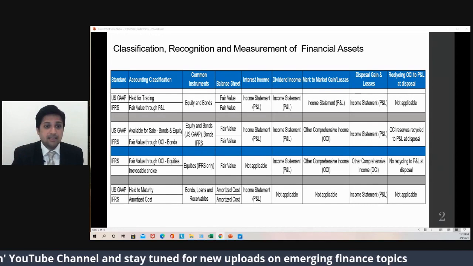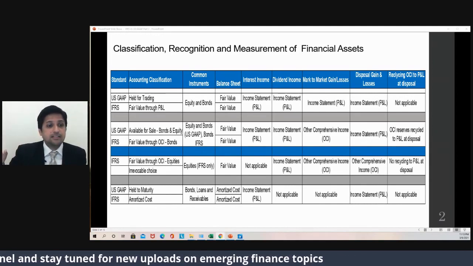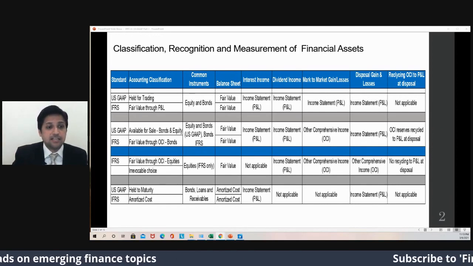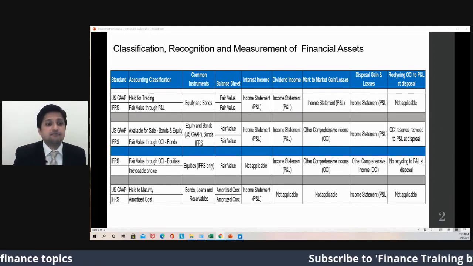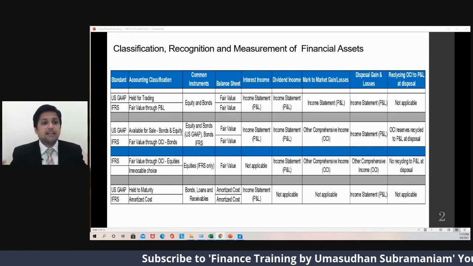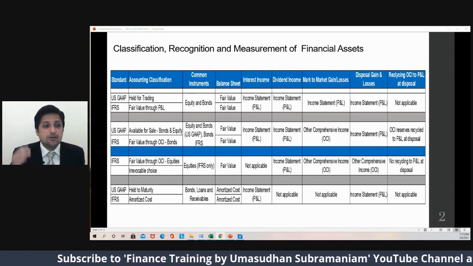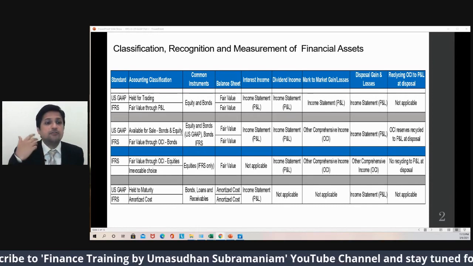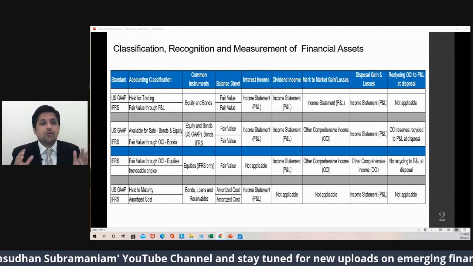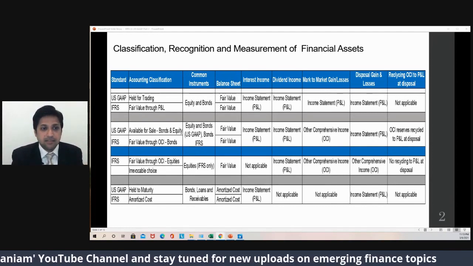And yet again, the gain or losses which is included in your OCI reserve in the balance sheet should not be reclassified back into your income statement. So for this category of financial asset, the only thing that can go into your income statement is the dividend income. Nothing else can go into your income statement.